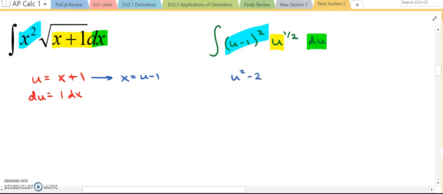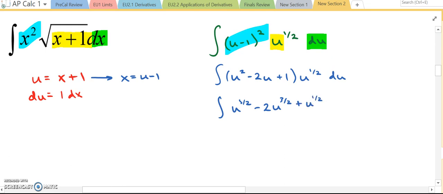U squared minus 2u plus 1 times u to the 1 half du. Distribute again. This becomes u to the 5 halves minus 2u to the 3 halves plus u to the 1 half du.